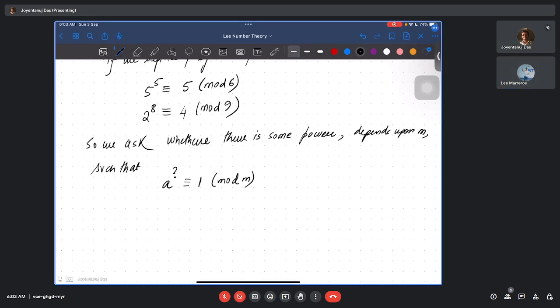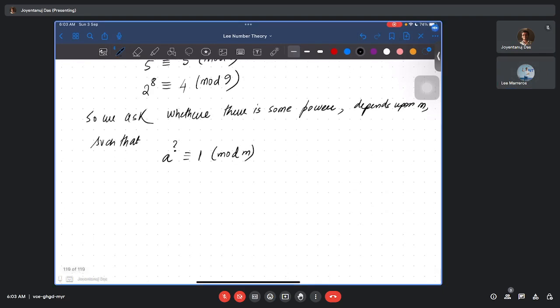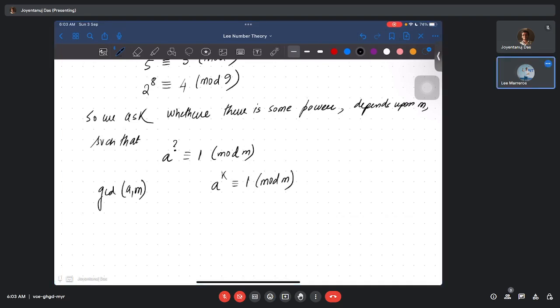So now let us see what is the condition upon a and m. Let us see the GCD of a and m. Do we need that this GCD also be 1? That we have to check. Suppose for some power k, a power k is congruent to 1 mod m.